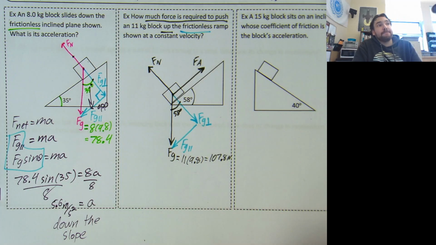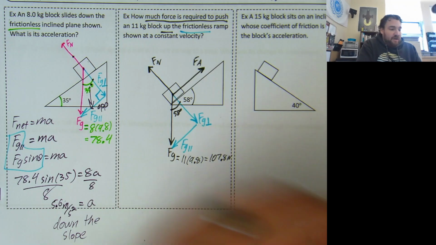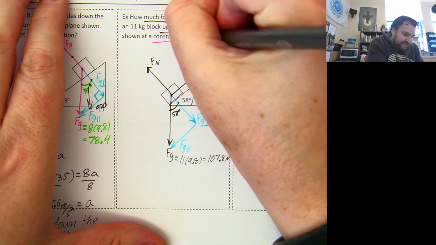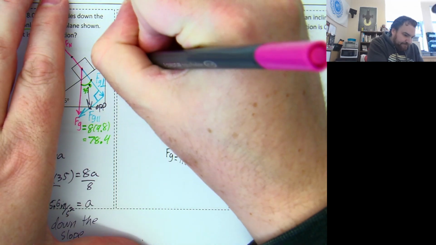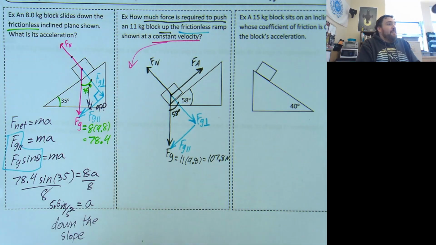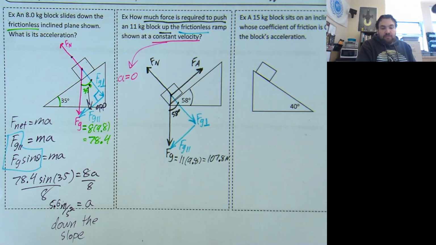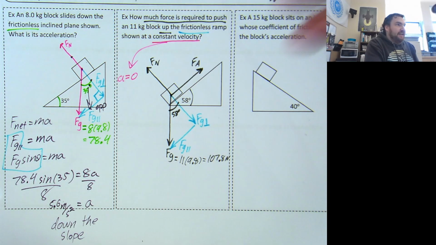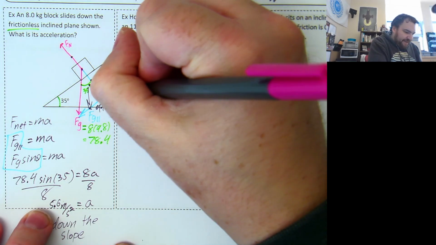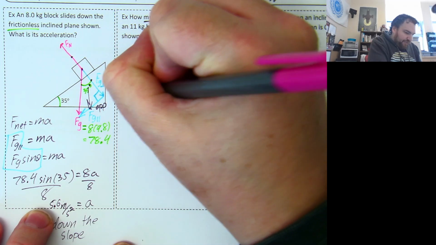Constant velocity. What does constant velocity imply? Constant velocity means the acceleration equals 0. Which means when I set up my F net equation, F net is going to equal 0.